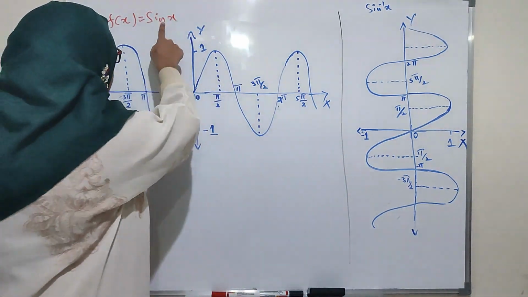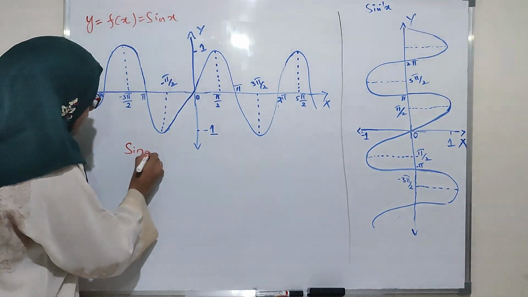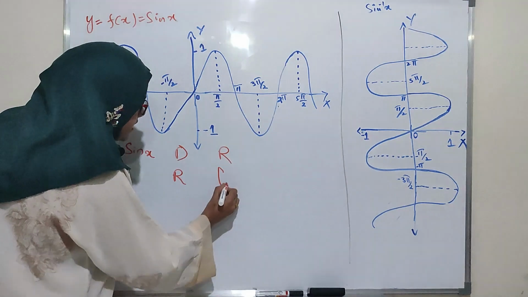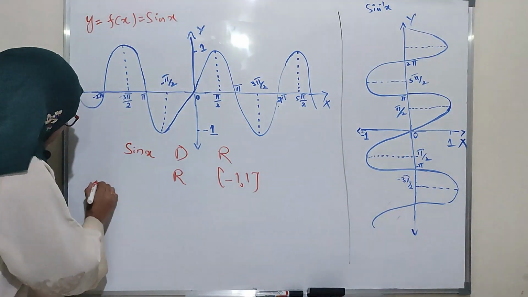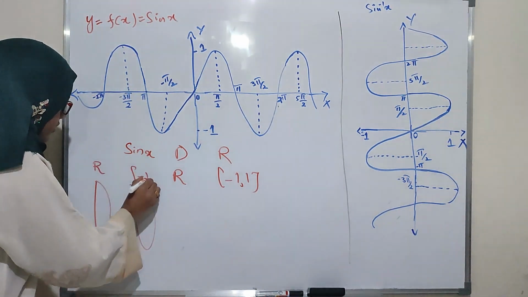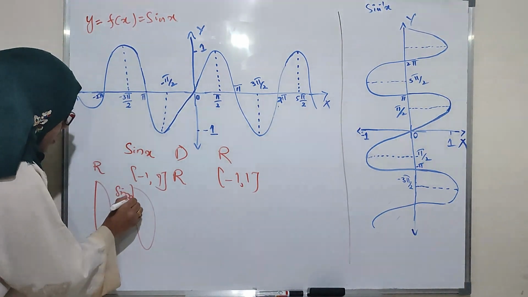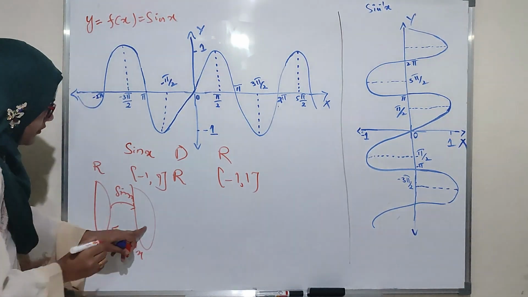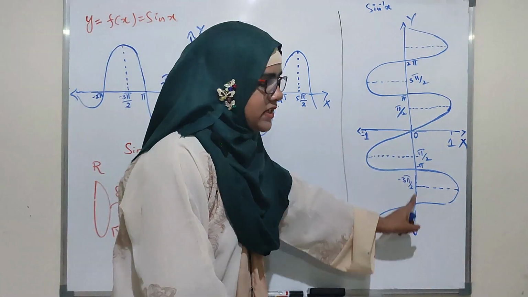See here, for sin x we have domain and range. Domain is R and range is -1 to 1. Okay, it is a real number and -1 to 1, and our function is like this, sin x. But for sin inverse of x, it goes like this, from -1 to 1 to range R. Okay, so the graph is this.